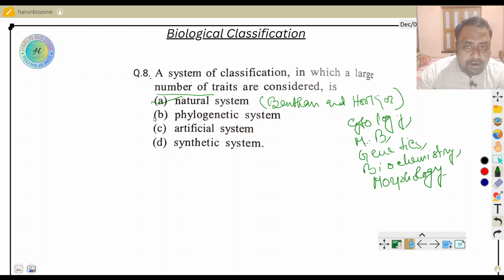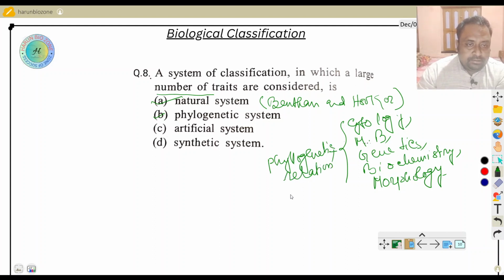But in case of phylogenetic classification, phylogenetic relationship is the main character. Here, large number of traits in case of natural system. Phylogenetic system of classification proposed by Smith and Sokol and Engler-Prantl.